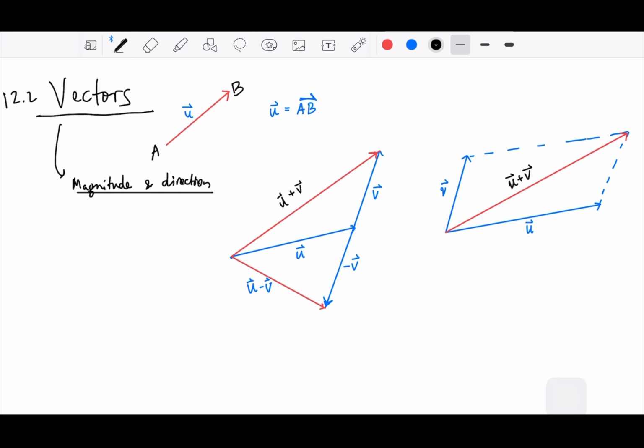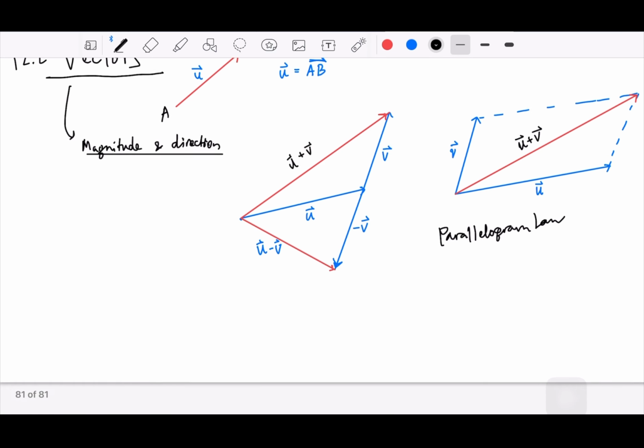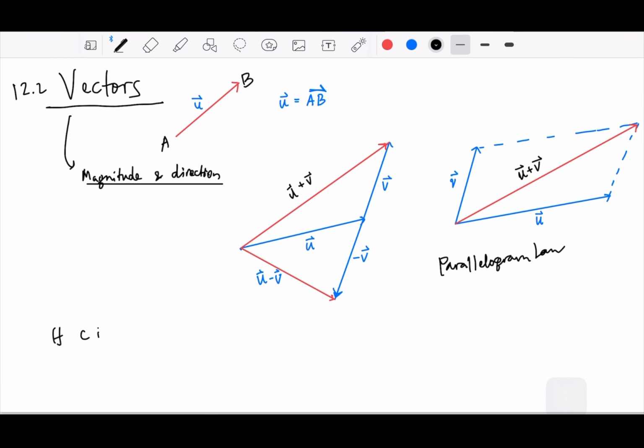Okay, so this is called the parallelogram law. And then if c is a scalar and v is a vector, then cv is a multiplication.